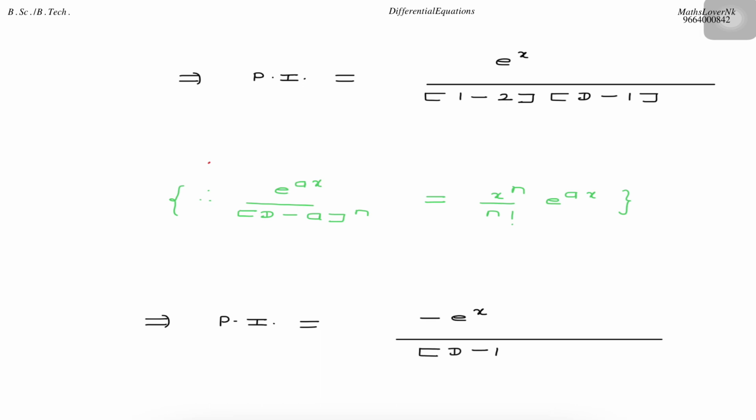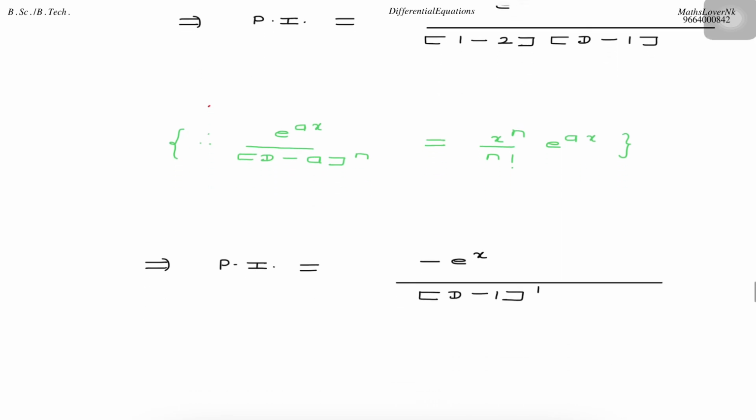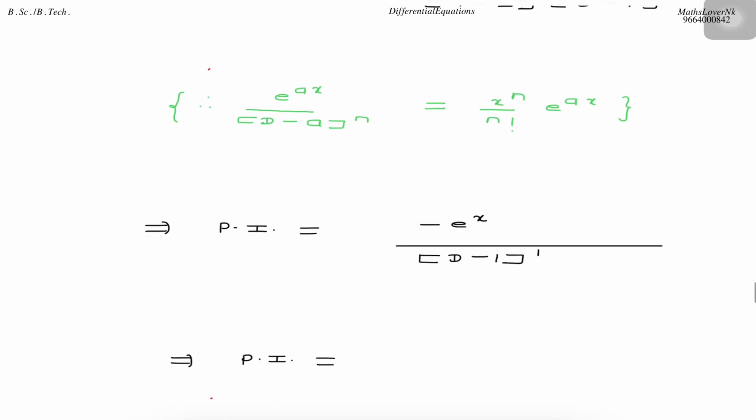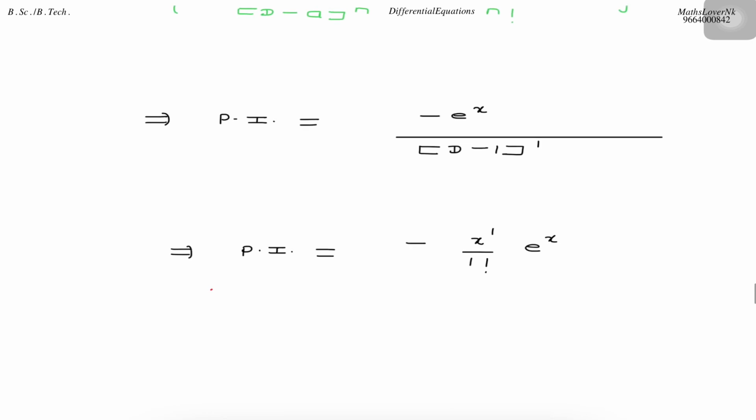The final solution is given by PI is equal to minus, as it is, x the power n, x the power 1 upon factorial 1 into e the power ax, e the power x. So PI is equal to minus x into e the power x.